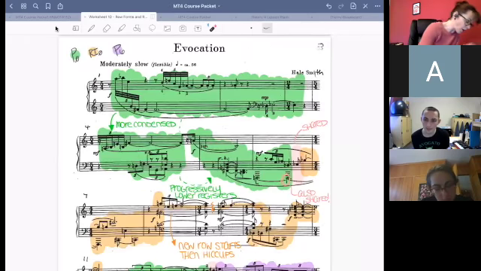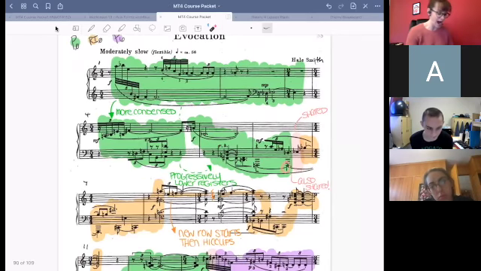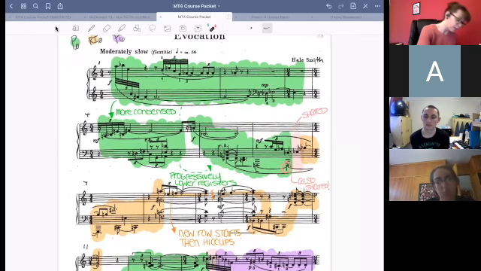So this is a little bit tricky, but we have this F that is kind of hanging out underneath. And Smith uses that tied note as a way to sort of fudge the order of the pitches. Yes, the attack point of the F was here, but he's really using it as a fluid location.